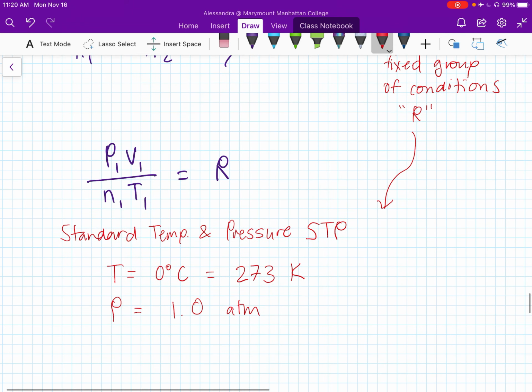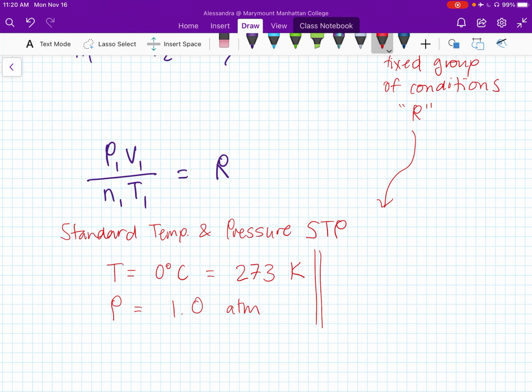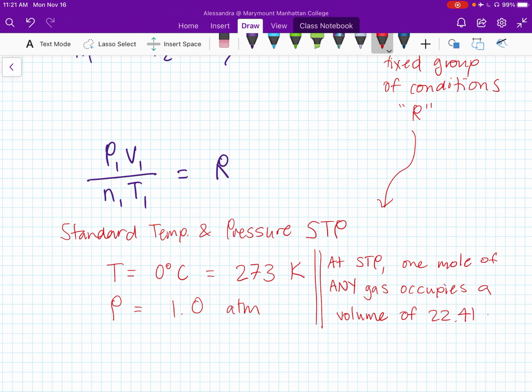Now, at standard temperature and pressure, so at STP, 1 mole of any gas, does not matter the identity of the gas, could be xenon, could be neon, could be chlorine, 1 mole of any gas occupies a volume of 22.414 liters. So this is not part of STP because it's a volume, but it just comes out of that STP definition.